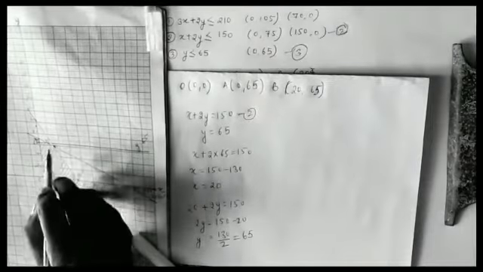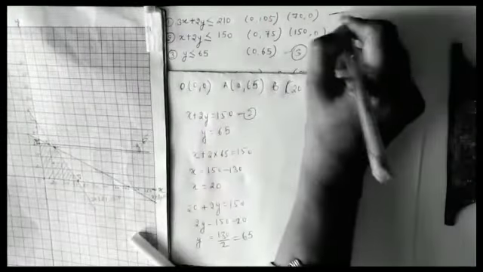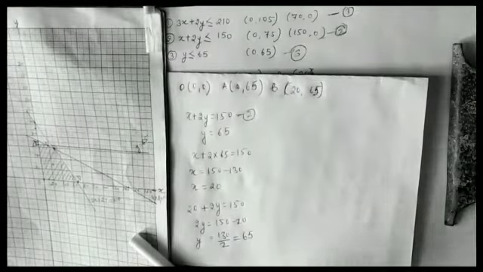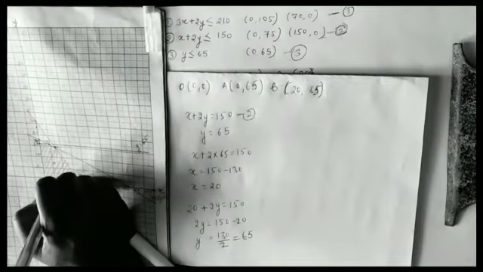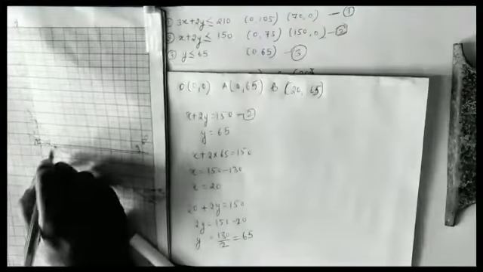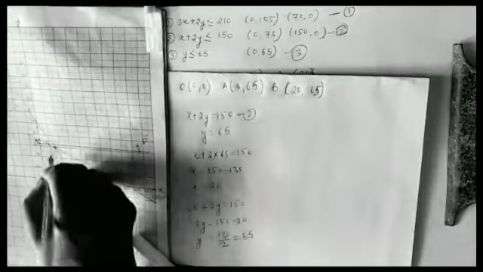Next point is point C. This is the intersection point of equation 1 and equation 2. So again there are two methods. We can draw a line perpendicular to the x-axis and also a line perpendicular to the y-axis.